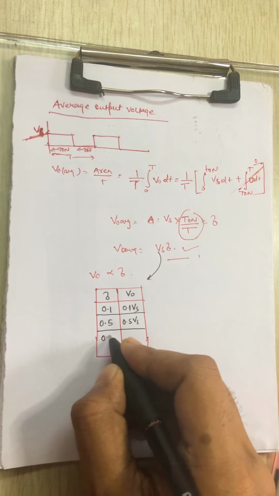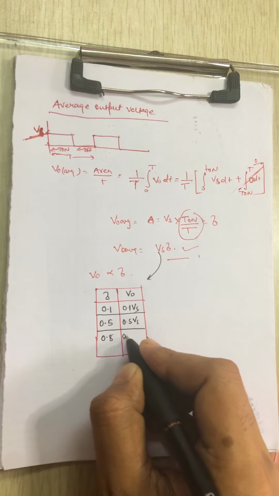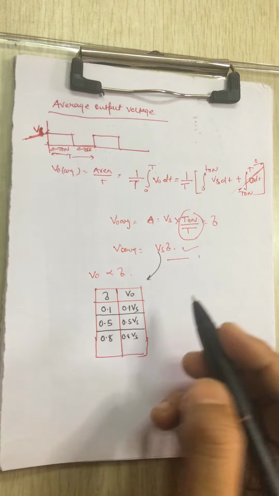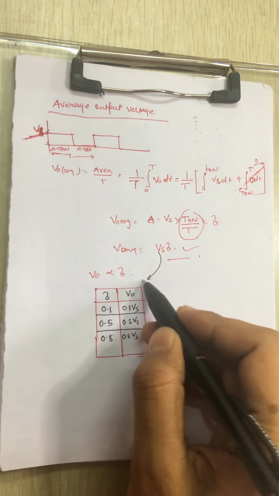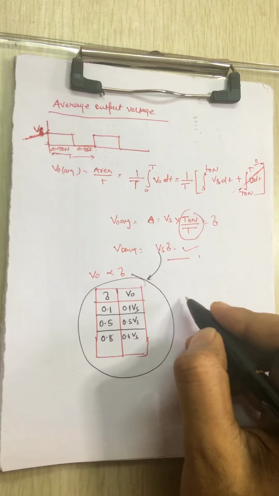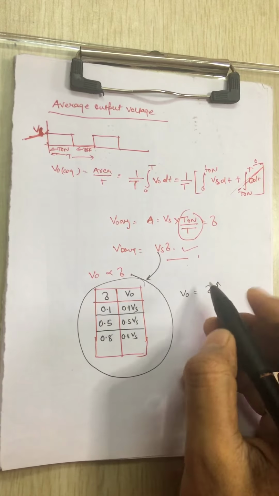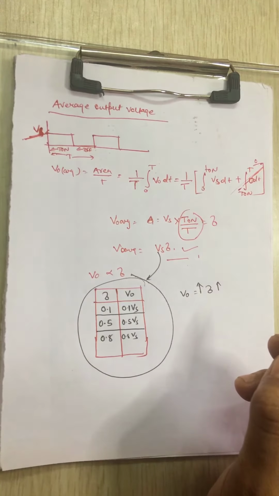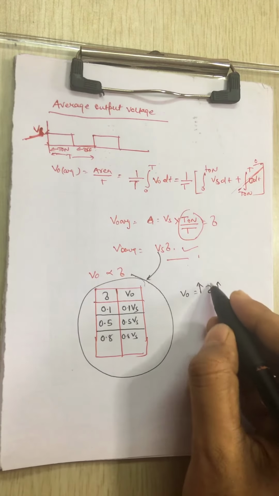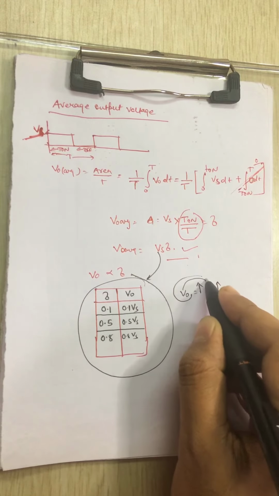Now if it is 0.8, output will be 0.8 into Vs. So from the above table, we can conclude that if delta increases, the output voltage also increases. So output voltage is a function of delta.